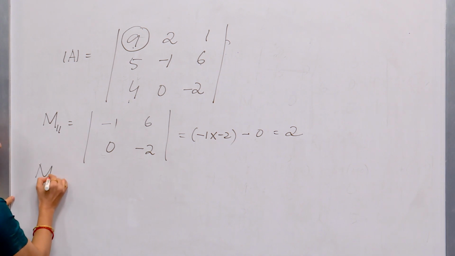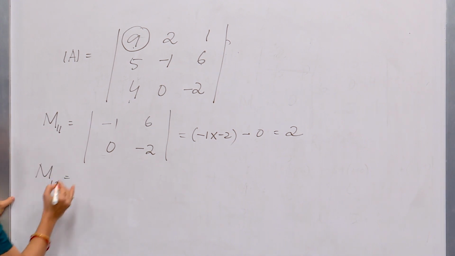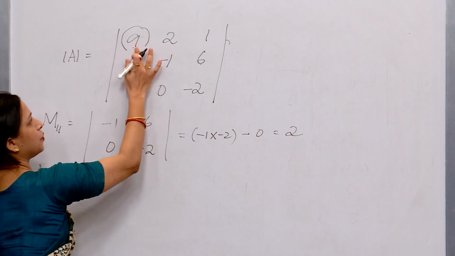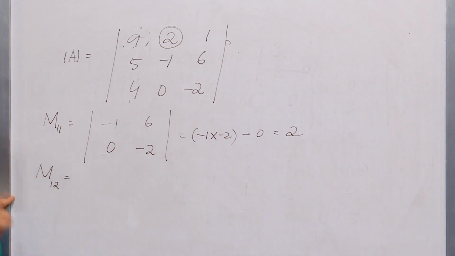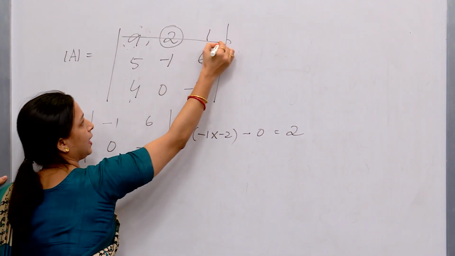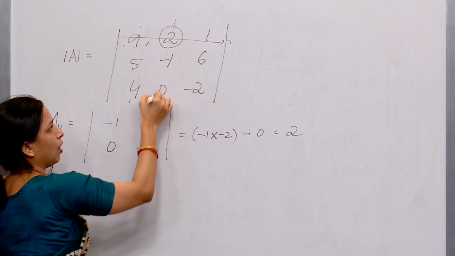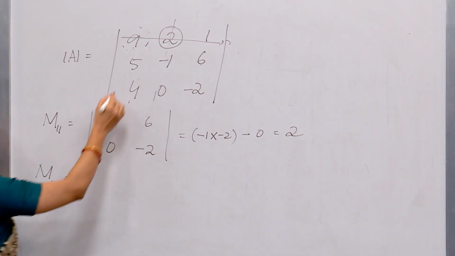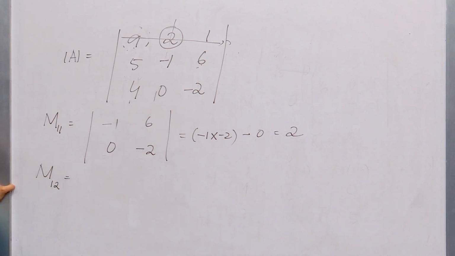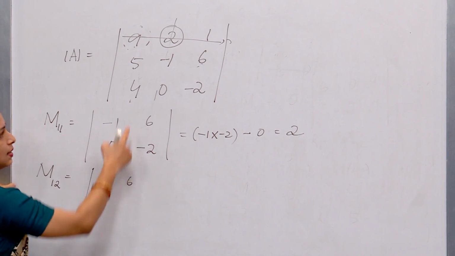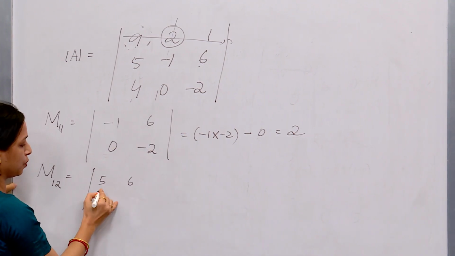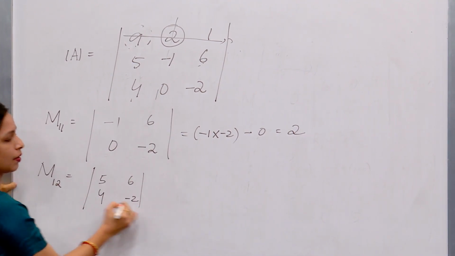Similarly, let us say M12. M12 means which element? 2, right. So, first I need to find out the second order determinant. I delete the row and the column in which 2 exists and form the second order determinant. So, what is remaining? 5, 6, 4 and -2, right.